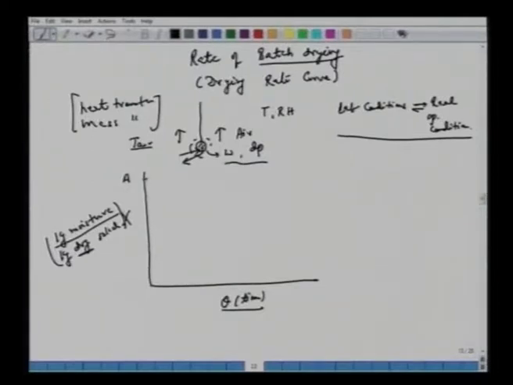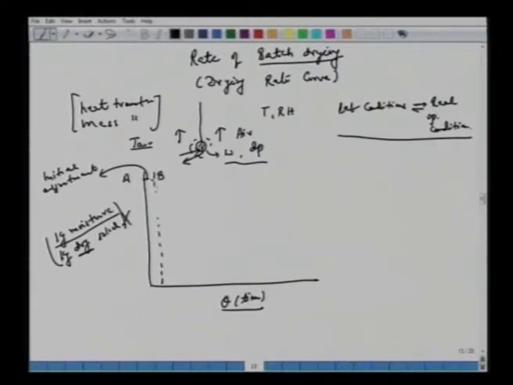Which means there will be some rate here, say from A to B, which would be slightly ill-defined in the sense that the air could be colder than the solid, or the solid could be colder than the air, or it could be hot. So here there is some initial adjustment, and a very small amount of moisture will be lost here. So, the initial adjustment period, you can say.